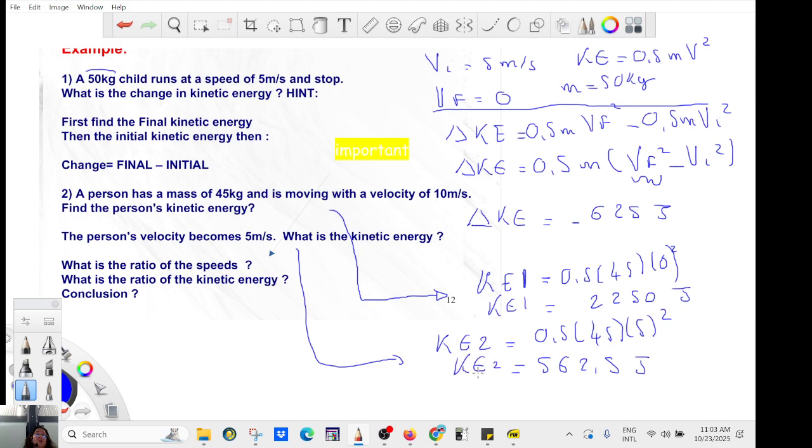So when they ask you what's the ratio, that means what's the factor, and you say the initial one over the final one. It's going to be 2250 over 562.5. You're going to find 4.